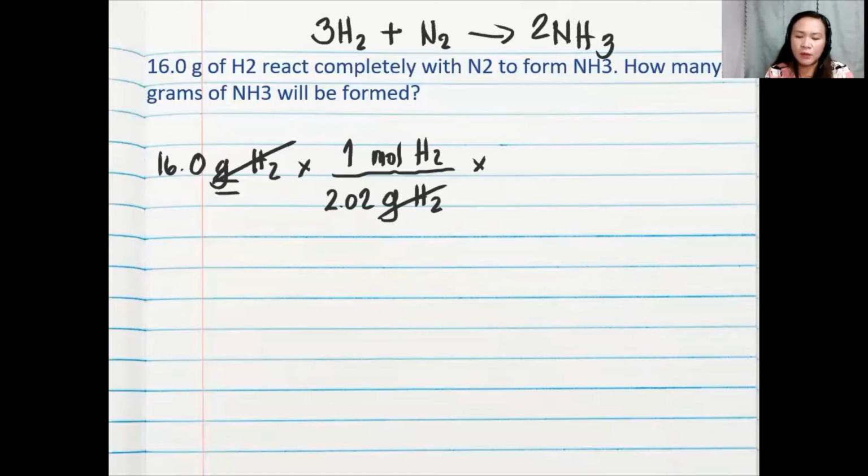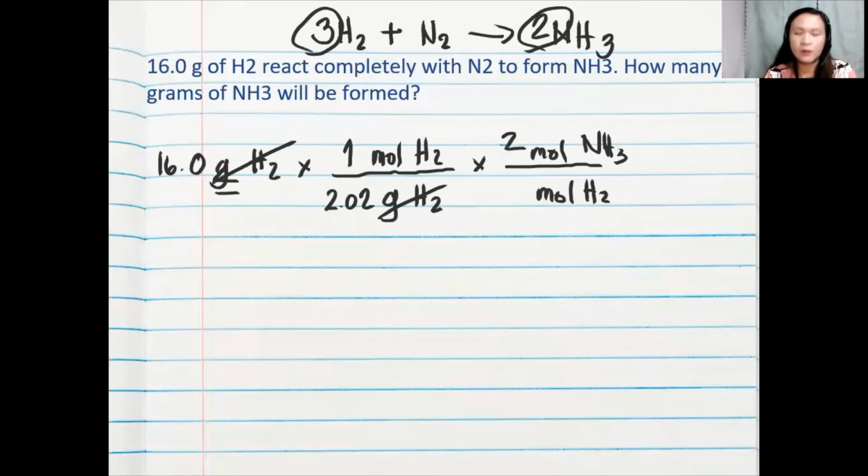So our mole ratio, we are looking for the moles of NH3 and the moles of H2. For NH3 we get 2, and for H2 we get 3, which means that this and this will cancel.